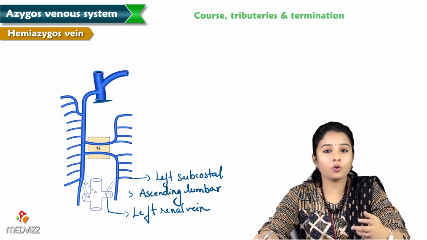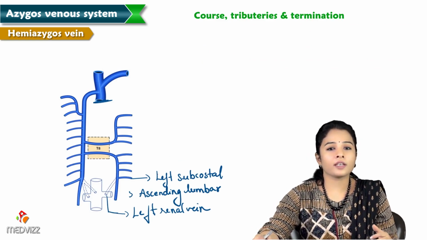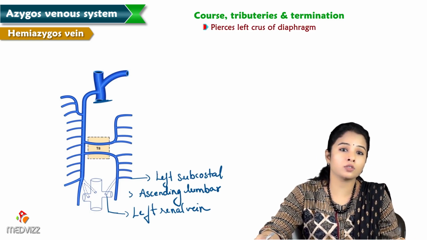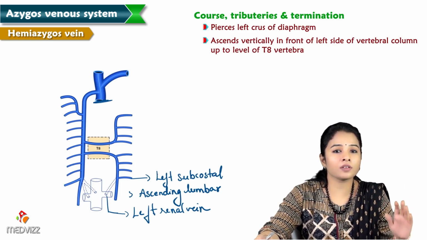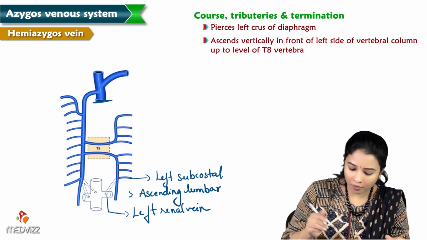Let's see the course, tributaries and termination of the hemiazygous vein. The hemiazygous vein pierces the left crus of the diaphragm and ascends vertically upwards in front of the left side of the vertebral column up to the level of T8.